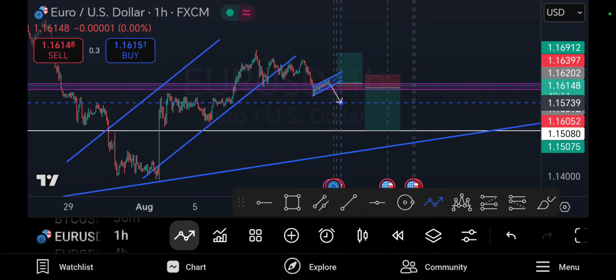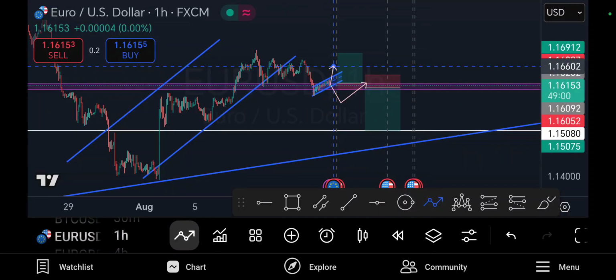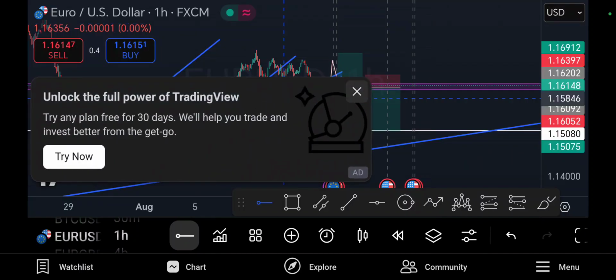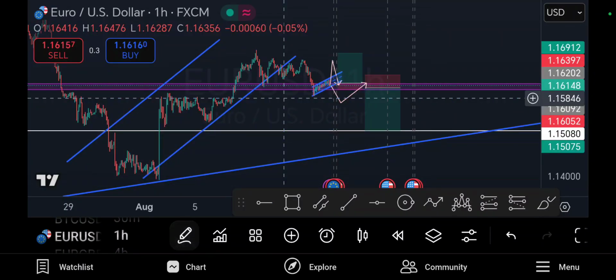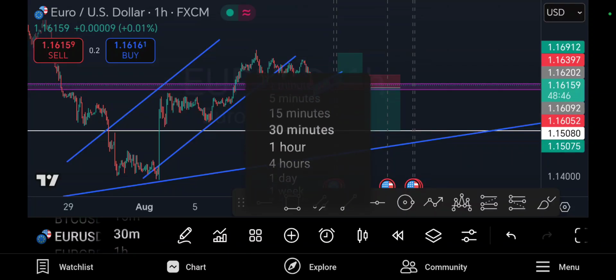So what I've said is breakout, retest, taking it to the bottom side there. And then push up, retest there, taking it to the upside. So you see, it's as simple as that. You can even go to the 30 minutes to check for trades.